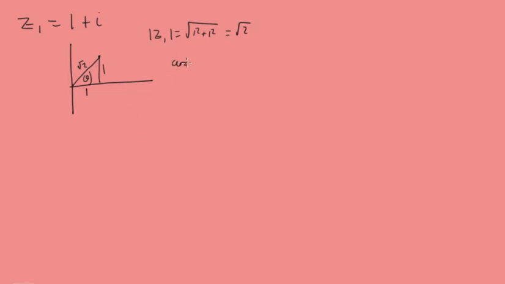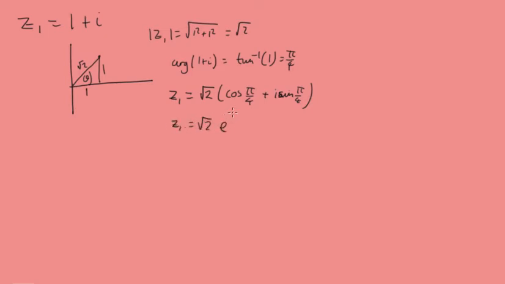And the argument of 1 plus i is just going to be the inverse tan of 1, which is pi over 4. So the modulus argument form, z1 is going to be r, which is root 2, cos pi over 4 plus i sine pi over 4. And our exponential form of z1 is going to be root 2 e to the i pi over 4.